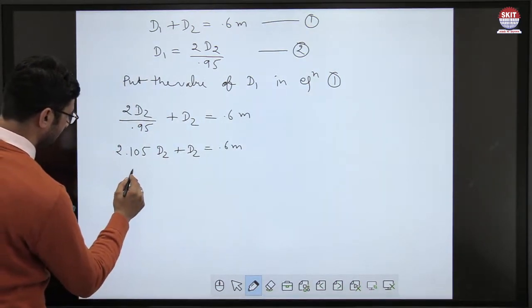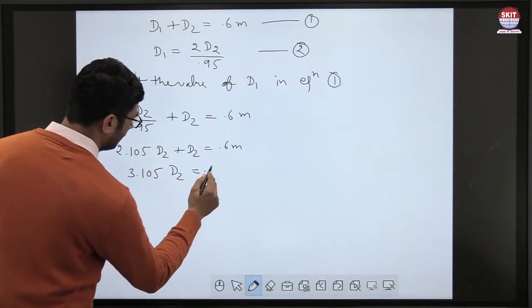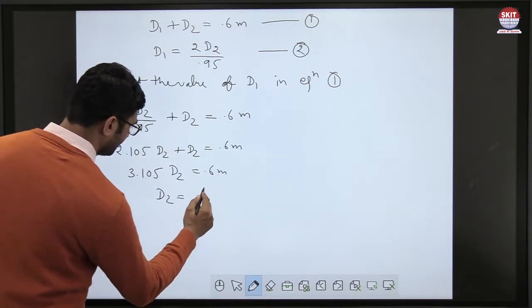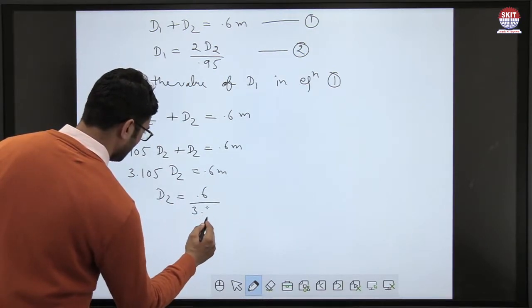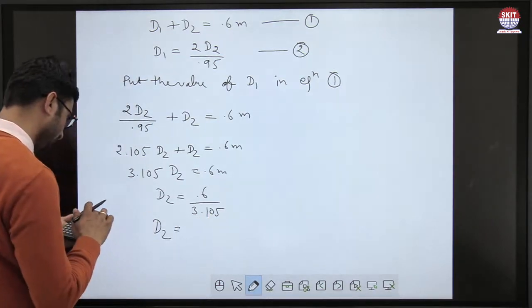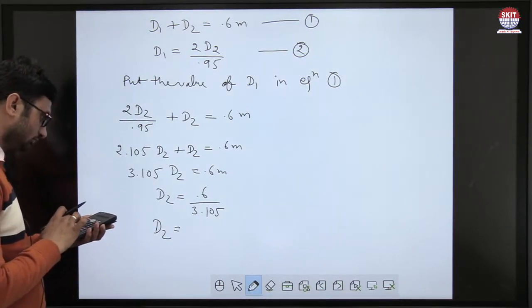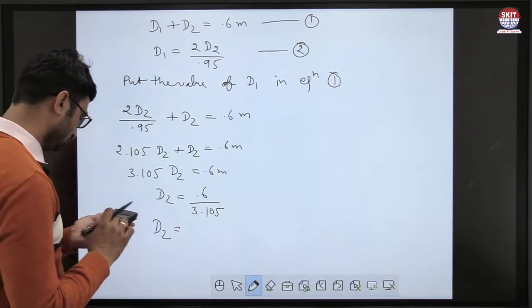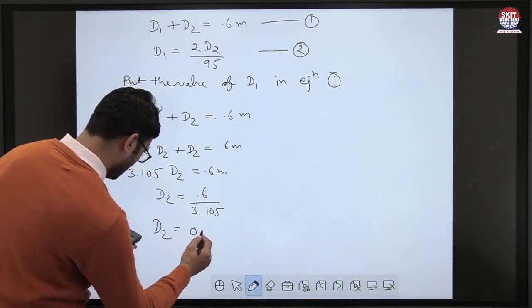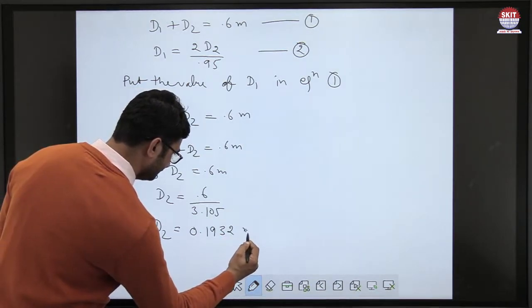So 3.105 D2 equal to 0.6 meter, and the value of D2 equal to 0.6 divided by 3.105, and the value of D2 equal to 0.1932 meter.